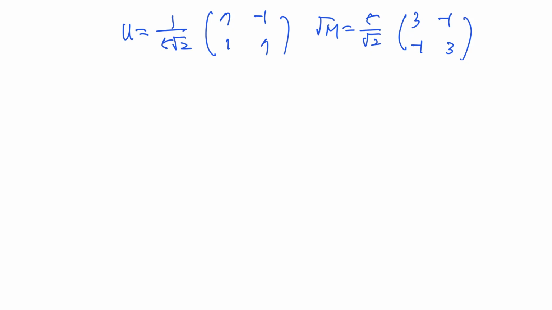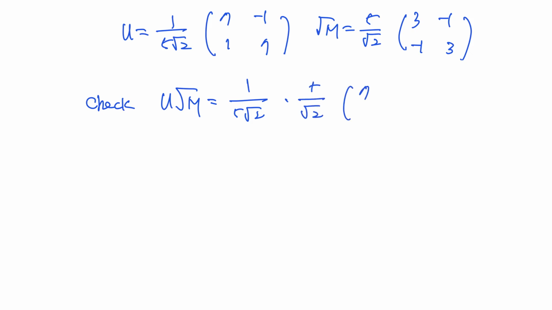And let's check. U square root of m, 5 square root of 2 times square root of 2 over 5, 7 minus 1, 1, 7, 3 minus 1 minus 1, 3 is 1 over 2.